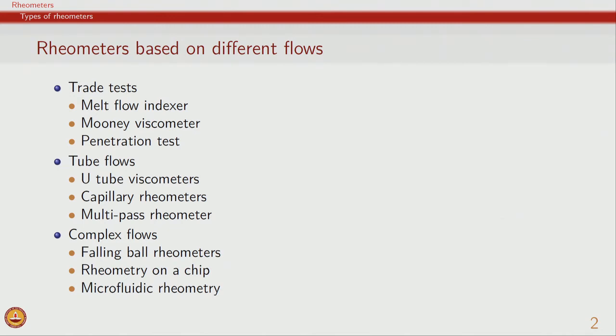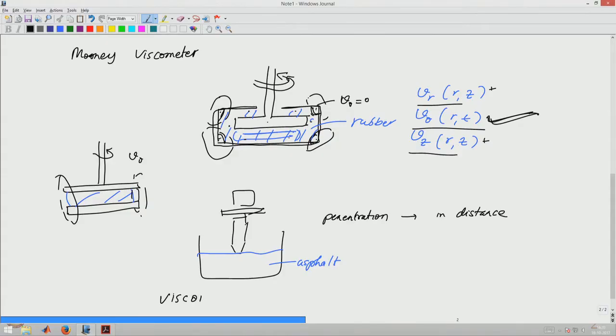The second broad category is that of tube flows. So, capillary flow or flow through a pipe or tube is used as a standard principle of measurement. Just a quick note about viscometer versus rheometer. A viscometer is just a measurement of viscosity, which means it is basically a steady shear property.